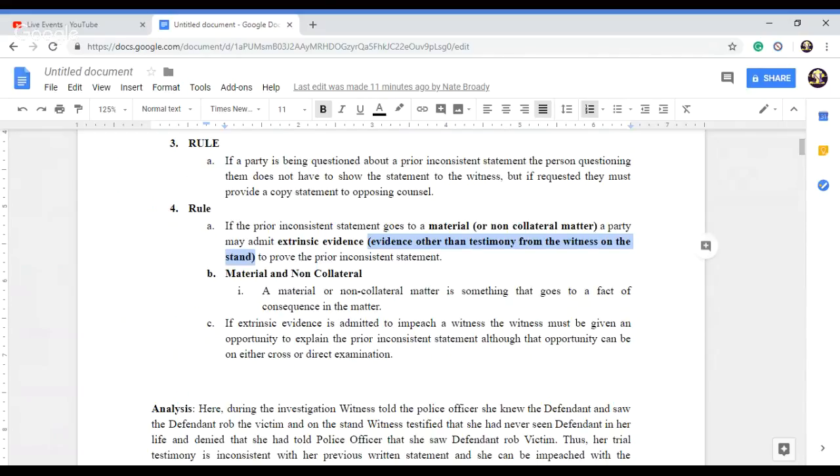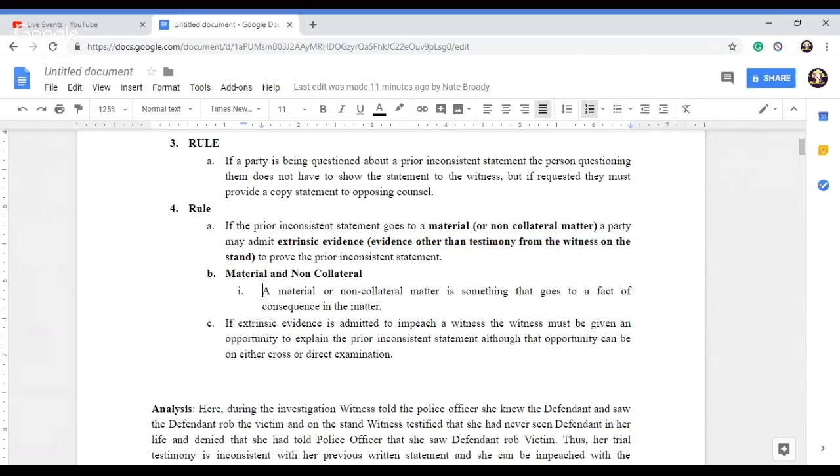I'm going to ask the professor whether you have to make clear that you're defining extrinsic evidence, but it's here defined as evidence other than testimony from a witness on the stand. But the fact that it was in parentheses, I'm not sure if the professor is going to require that you actually define extrinsic evidence. But here it is defined. So to be safer than sorry, I would say define it, and here's the definition.